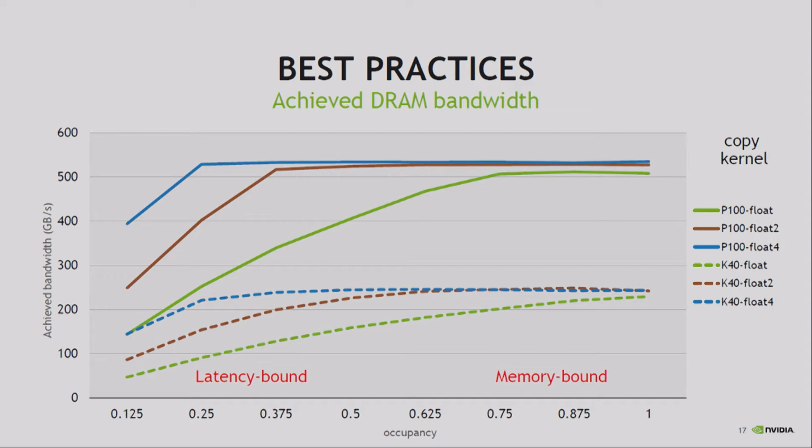So if you remember, I showed for Pascal, the peak bandwidth was 732 gigabytes per second. The achieved one, you can see it's roughly 550 gigabytes per second, around that. And then for Kepler, it's 288, and then the achieved is like 250, I think, around that.